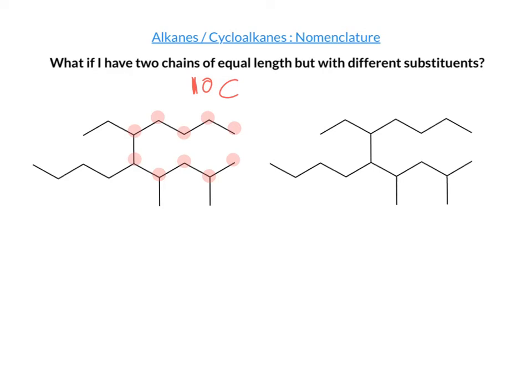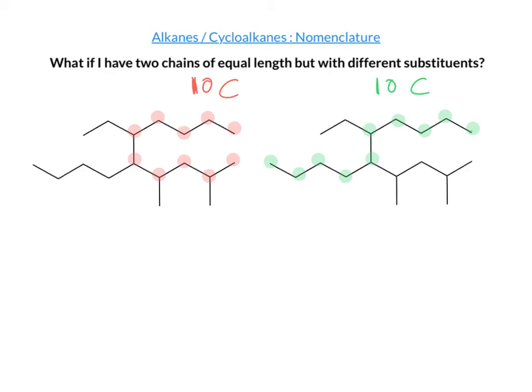Well, if we measure the number of carbons from the opposite direction, we see that here we're going to have 1, 2, 3, 4, 5, 6, 7, 8, 9, 10 carbons.